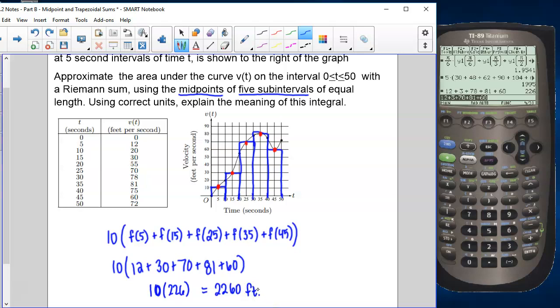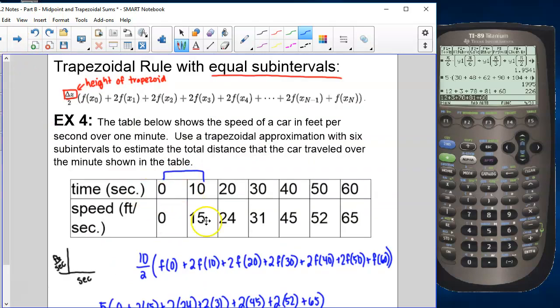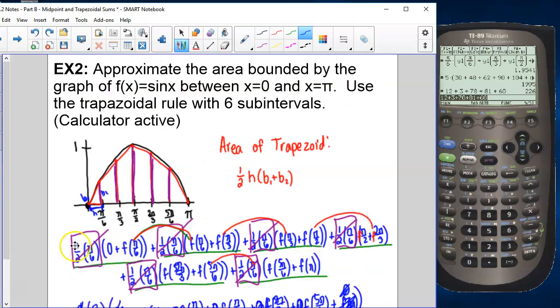Yes. This one is not trapezoids. When you're finding a trapezoid like the last one, for each one you're doing 1/2 times the height times base 1 plus base 2. Since you do that each time, the 1/2 times the width will be there.